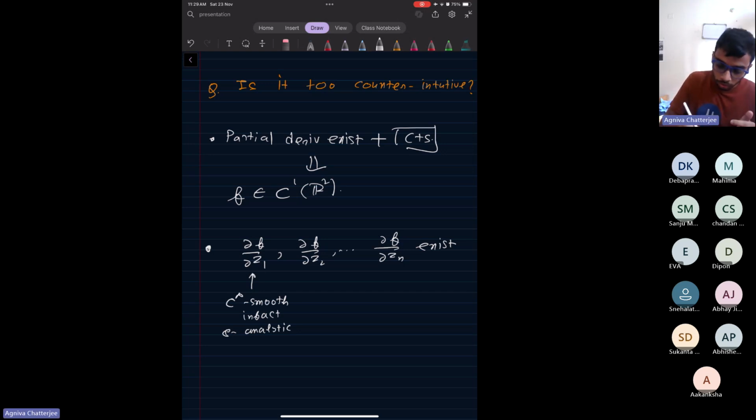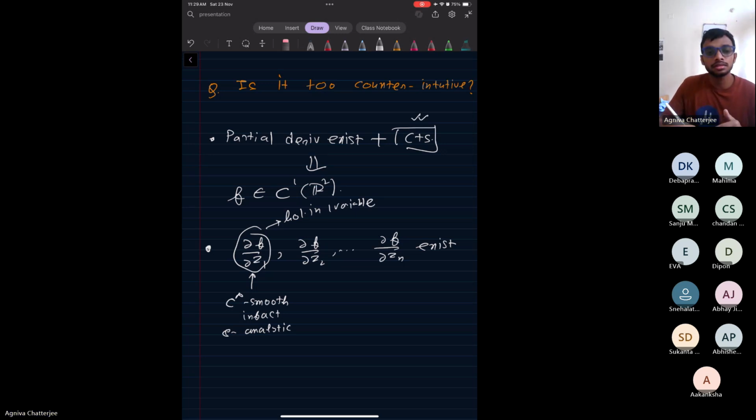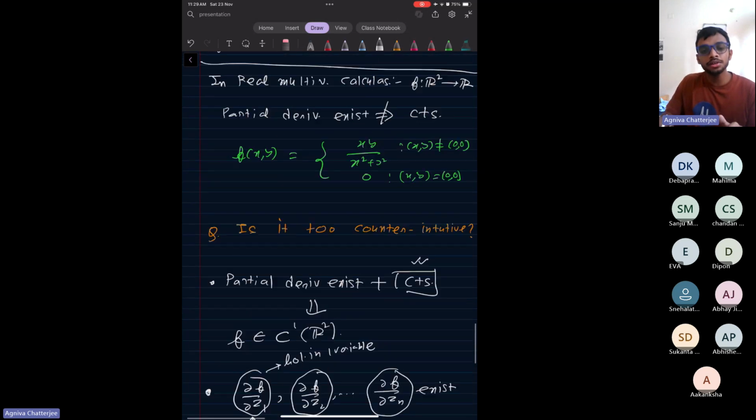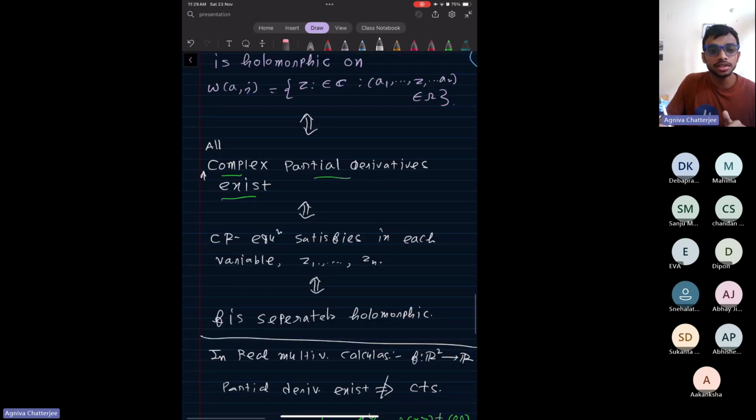So these are in fact holomorphic in one variable. So you are getting this continuity condition freely here. All the partial derivatives are not only continuous, they are all holomorphic. So it's not too counterintuitive to give this definition that all complex partial derivatives exist.